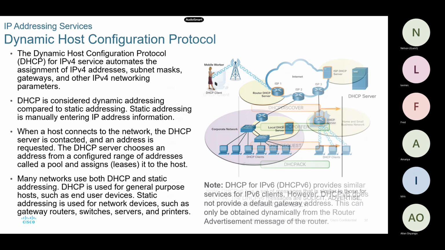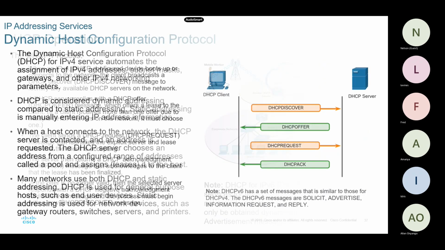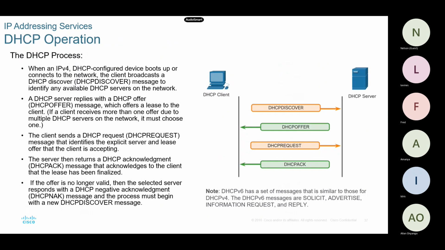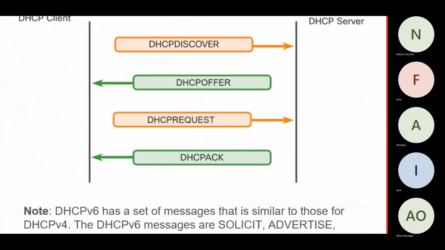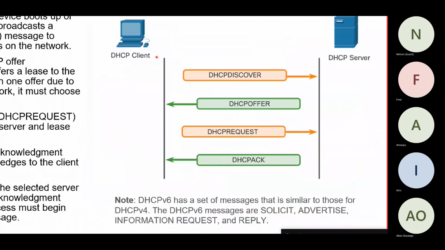All right. Now, DHCP, like I told you, from the moment your computer is powered on, let's say this is my computer, we call it a DHCP client because it needs to communicate to a DHCP server.